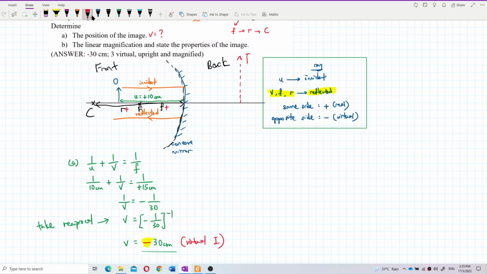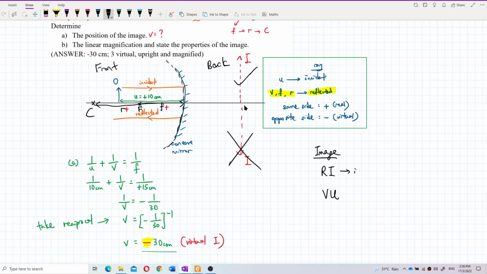It's formed over here. And why do I know it is upright and not inverted? Remember what I told you about this RIVU, the image characteristics.